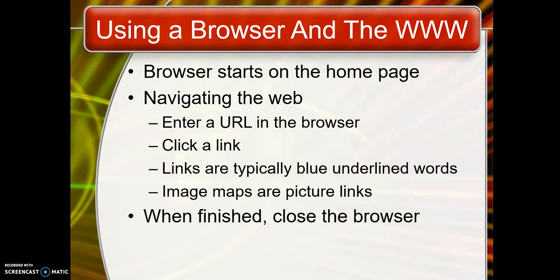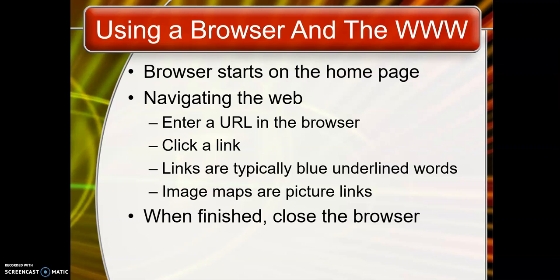Using a browser and the WWW, the browser starts at the home page. Whatever web page you save with the file name index.html becomes your home page. We will further discuss, while studying HTML, how we can save a page by the name of index.html and how it becomes the home page.